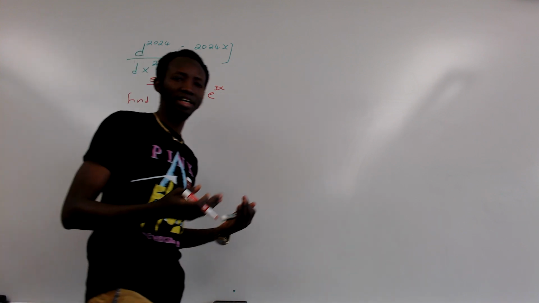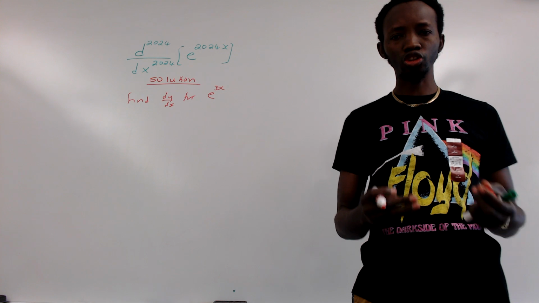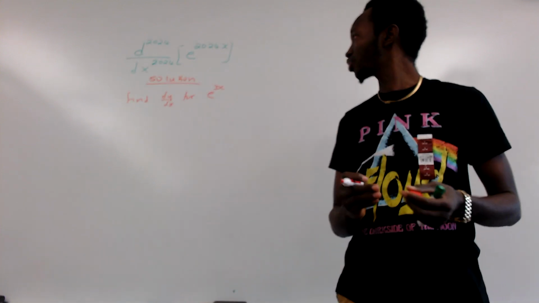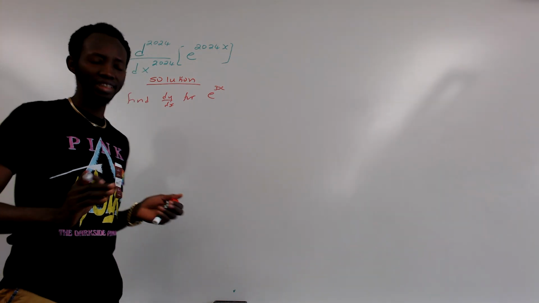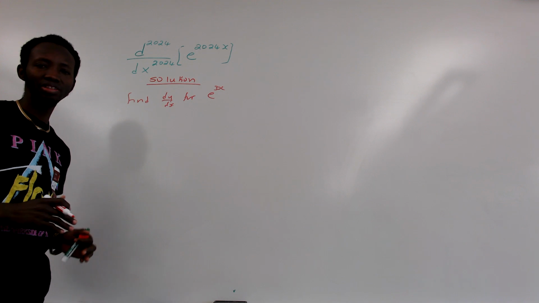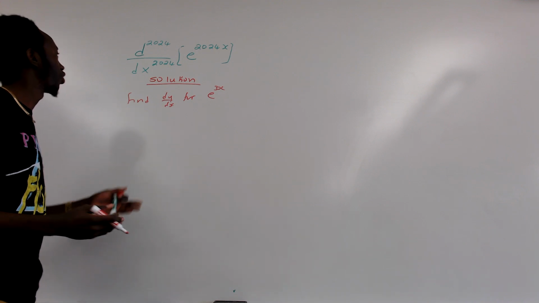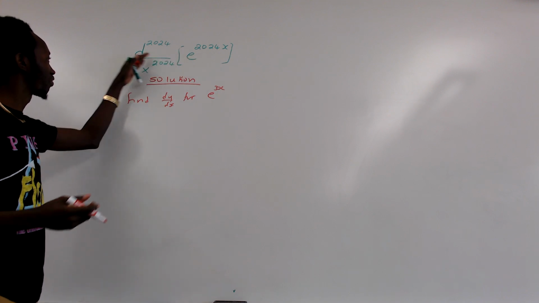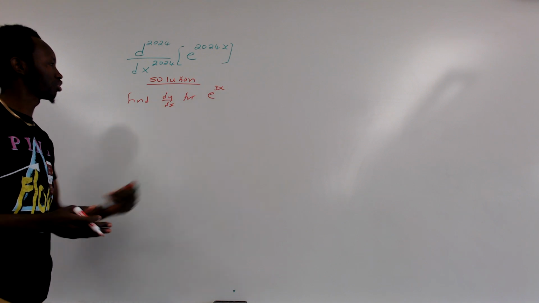Let's try to find a relation which we are going to use to find the derivative of these functions. So we differentiate this so we can map up a system which we can use to find the nth derivative. The moment we have the nth derivative, it will be easier for us to have the derivative of this function.